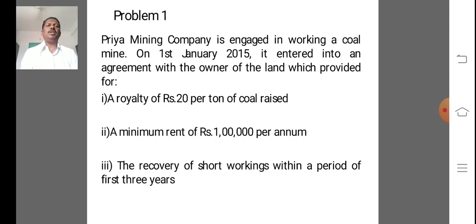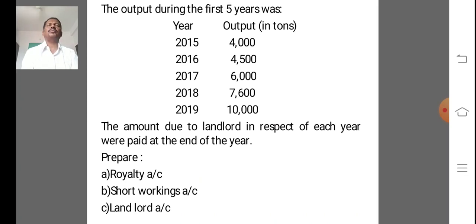So Priya Mining Company is engaged in working. So totally, royalty per ton is rupees 20 and minimum rent per year 1 lakh, and the recovery of short workings within a period of first 3 years.